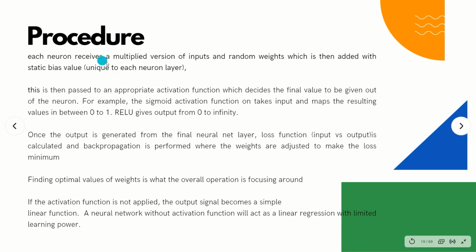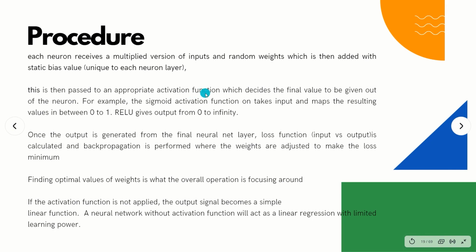So once the input has been fed and random weights have been allocated, it is passed through an appropriate activation function. Now, what is the purpose of this activation function? It will decide the final value to be given out of the neuron. That means what is the final value that should go out of that neuron, maybe passed on to the next layer or next neuron, is decided with the help of this activation function.